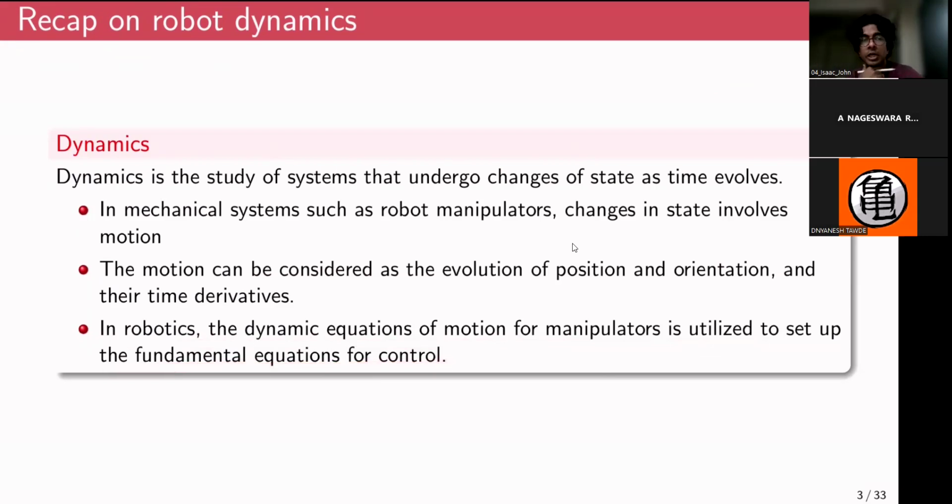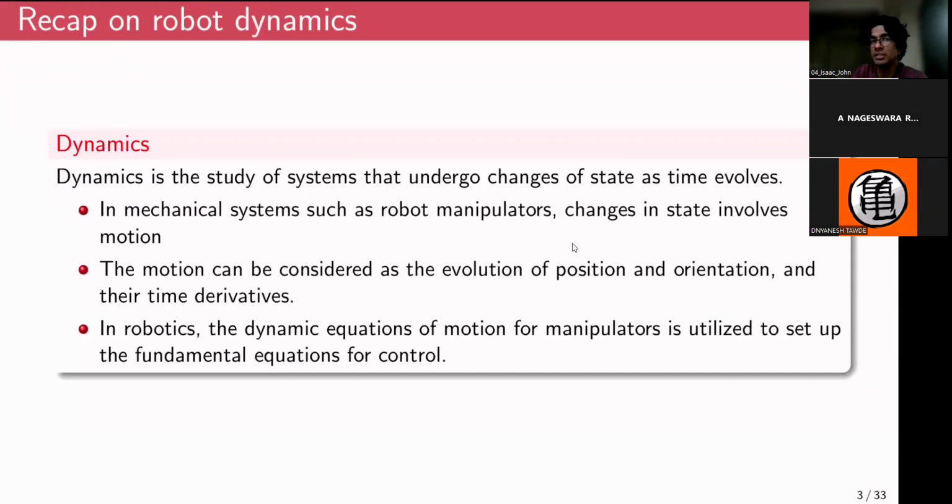To design a motion controller, something that we would see in the subsequent weeks, we would need a very good mathematical approximation of a robot, which would be provided by the dynamic model itself. So we would consider the dynamic model of a robot as a very close approximation of the physical system itself.